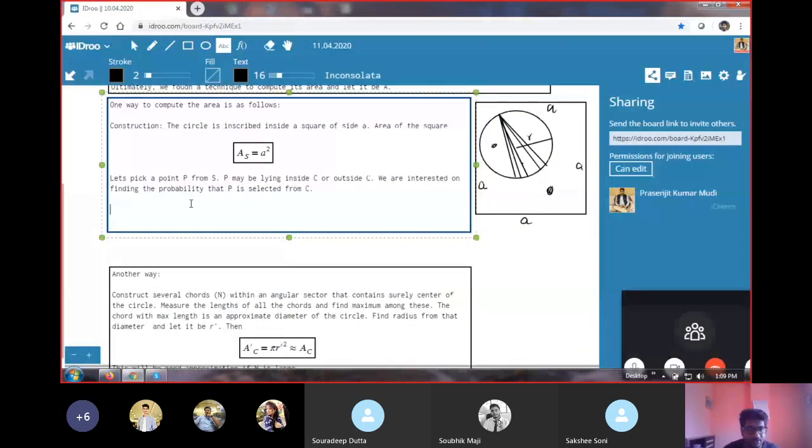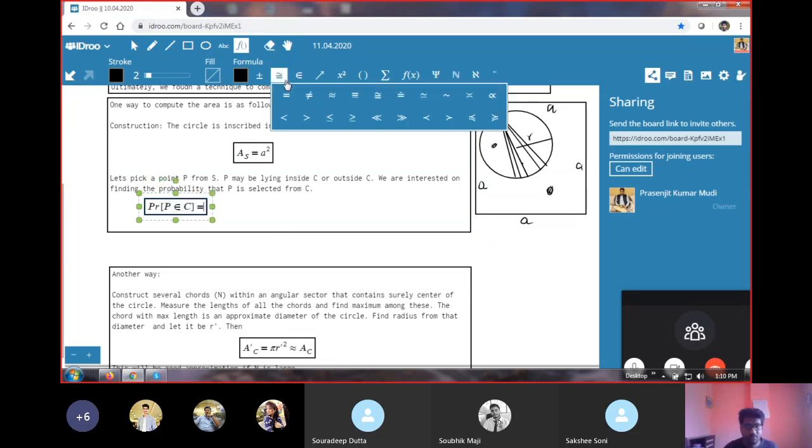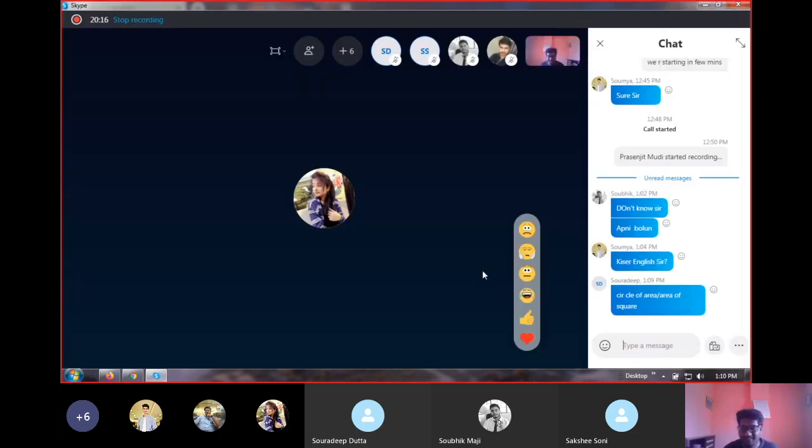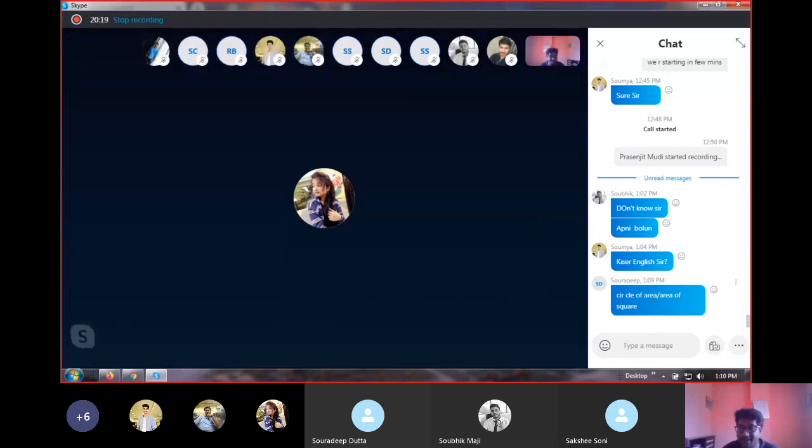Right. So probability that P belongs to circle, area of circle divided by area of square.